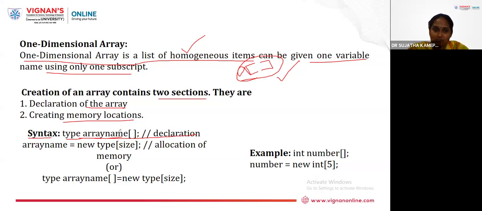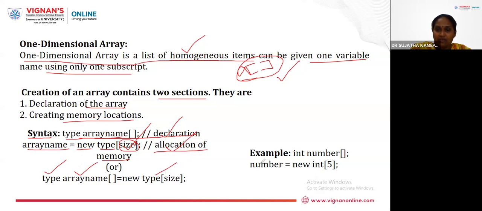Next, the array name is equal to new type of size. This is called allocation of memory. Whatever size we give, that number of memory locations is allocated to this particular array. This declaration and allocation can be combined in a single line: type array name = new type[size].